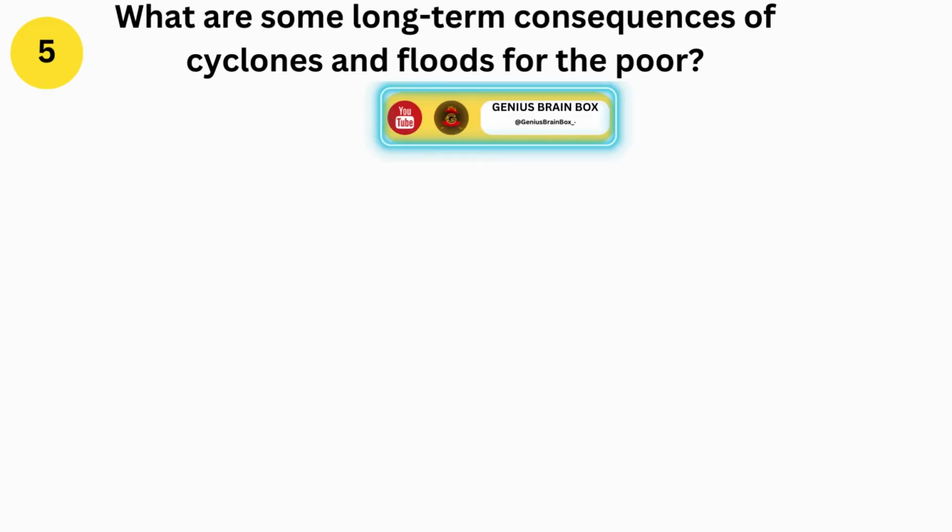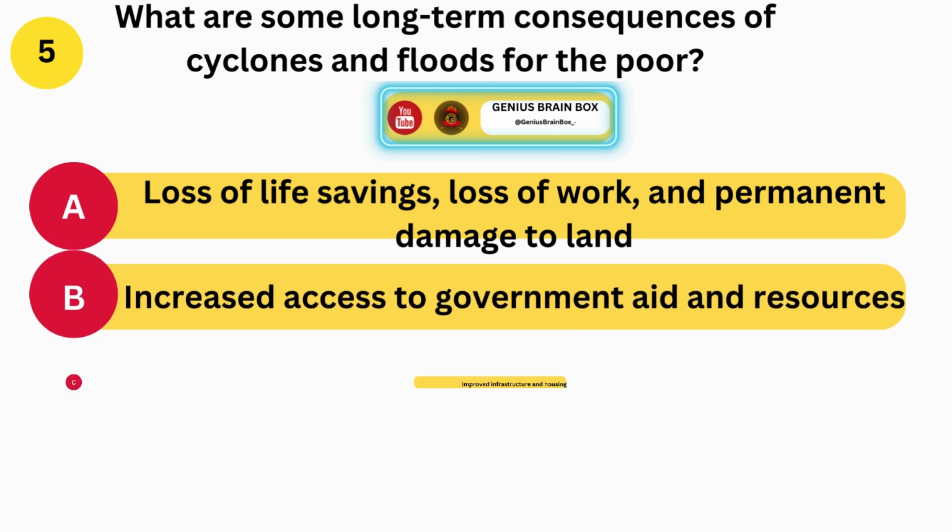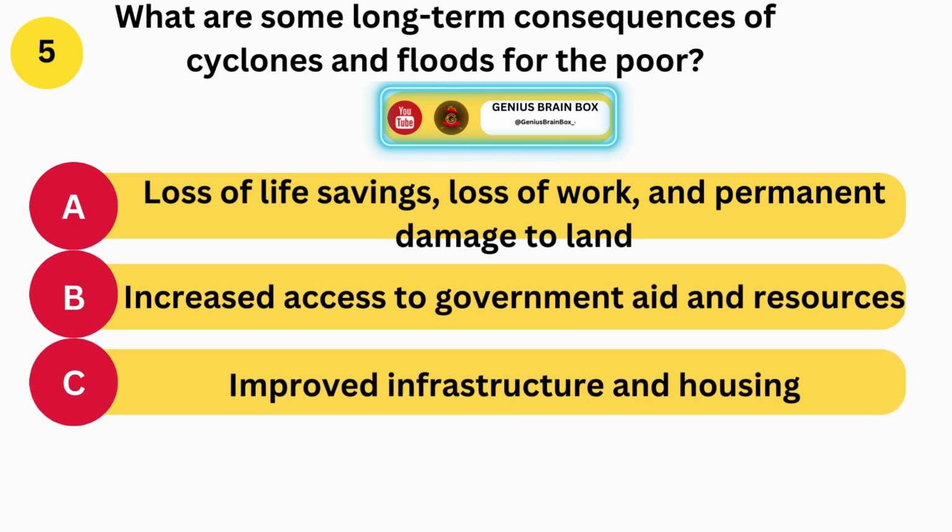What are some long-term consequences of cyclones and floods for the poor? Option A loss of life savings, loss of work, and permanent damage to land. Option B increased access to government aid and resources. Option C improved infrastructure and housing.